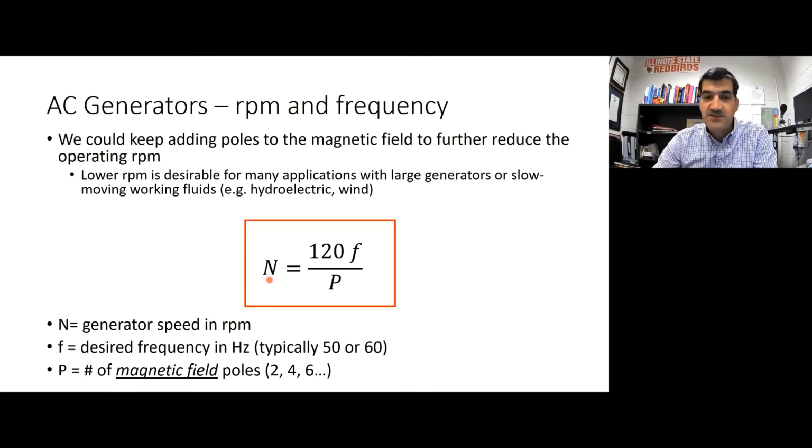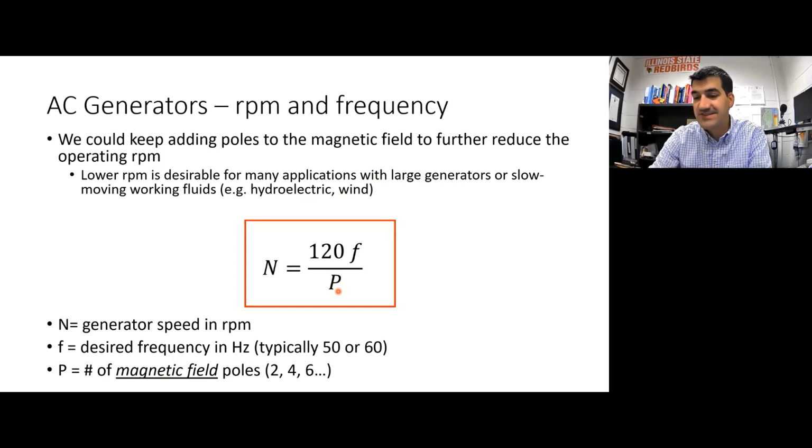So n is the generator speed of the rotor. 120 is just a constant, a conversion factor. And f is the output frequency of the voltage in cycles per second. And P is the number of poles on the magnetic field. You're always going to see this being an even number. There's always going to be 2 poles or 4 poles or 6 poles or 8, 12, 64, 126.